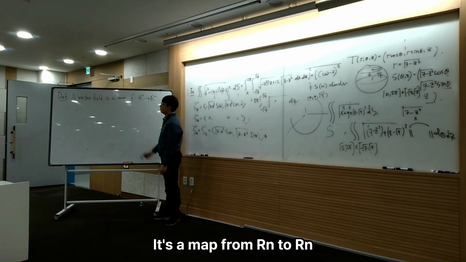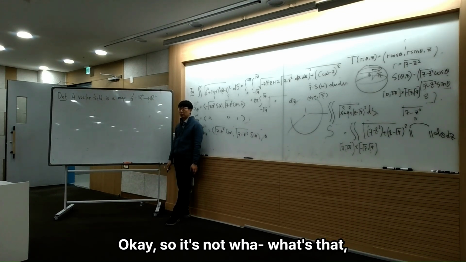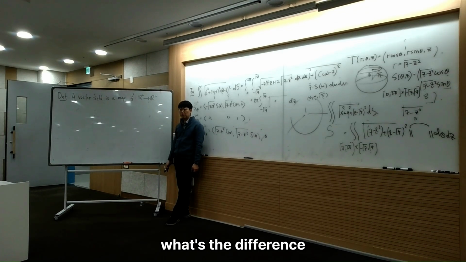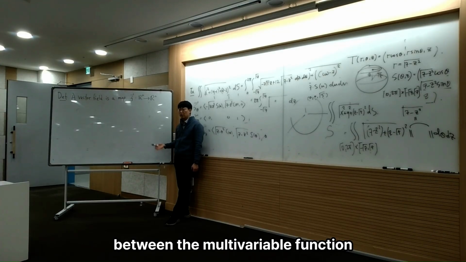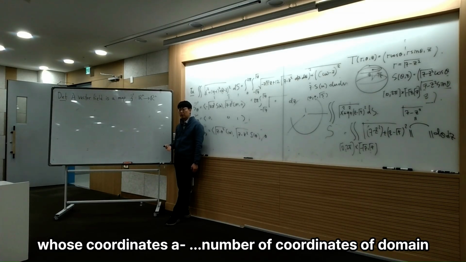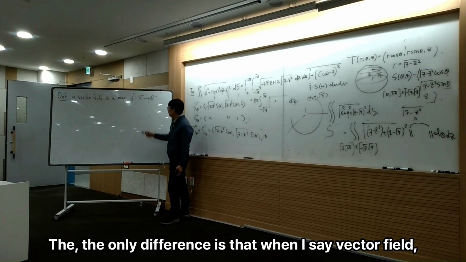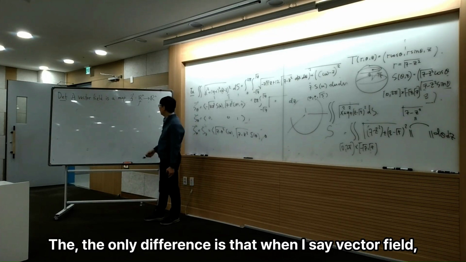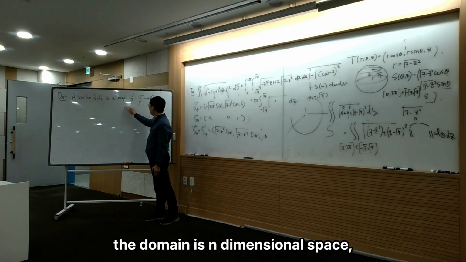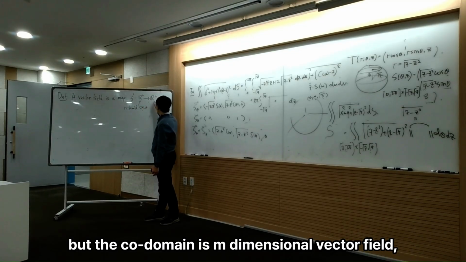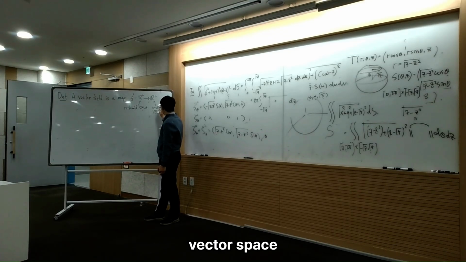It's a map from Rn to Rn. What's the difference from a multivariable function whose domain and codomain have the same number of coordinates? The only difference is that when I say vector field, the domain is n-dimensional space, but the codomain is m-dimensional vector space.